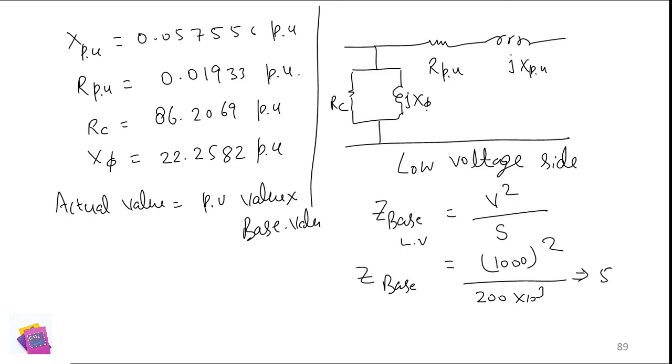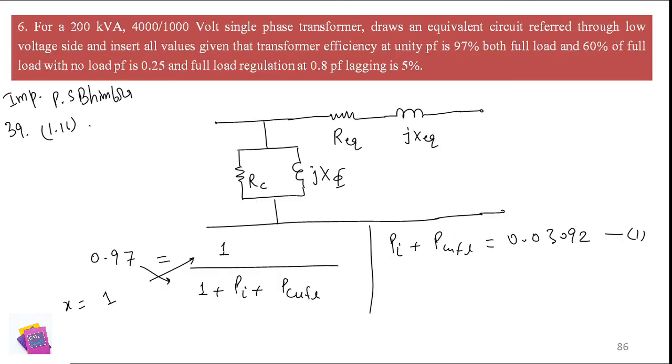It is 5 ohm. So to get the actual value, you have to multiply X per unit into 5, R per unit into 5, RC into 5. This is also into 5. So the final value in ohm, I am writing here. I am inserting here all the values.